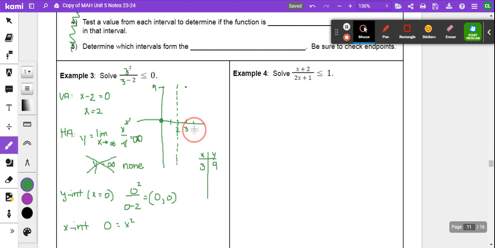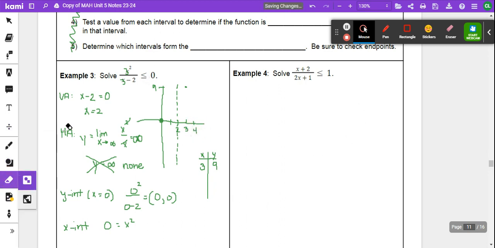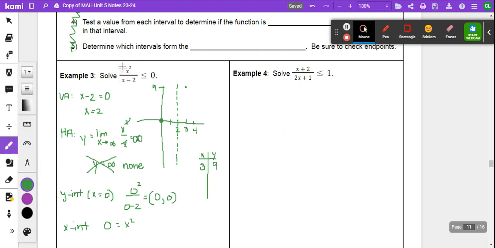So now I want to try 4. 4 squared, that would be 16. 4 minus 2 is 2. So it'd be 16 over 2, which is 8. Let me try 5.